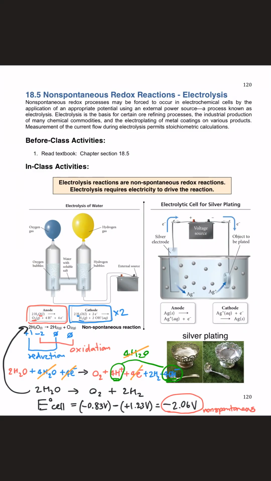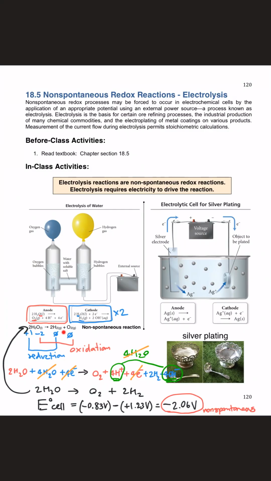The application of the electrolysis of water is that the hydrogen gas that is produced can be collected and used in the hydrogen fuel cell that we learned earlier. If the hydrogen gas combines with oxygen, that reaction is spontaneous, which is the opposite direction of this non-spontaneous reaction.